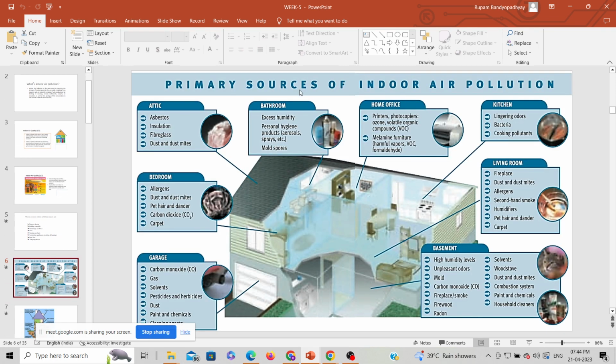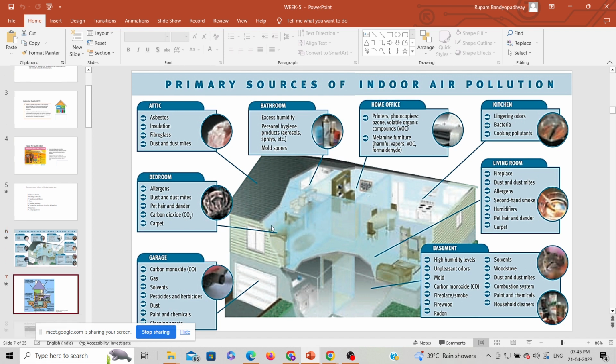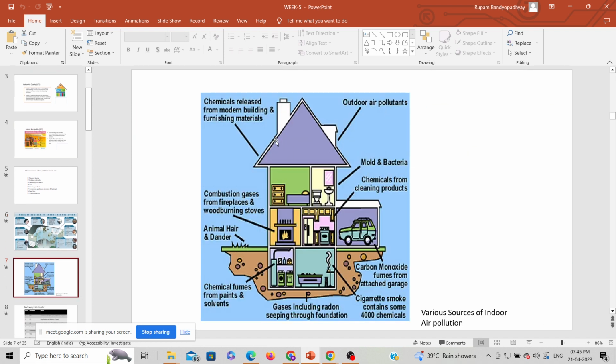This schematic shows the different primary sources for the bedroom, garage, bathroom, kitchen, living room, and basement. These are the primary sources of pollutants you can find in a household. So how can indoor air pollution occur?